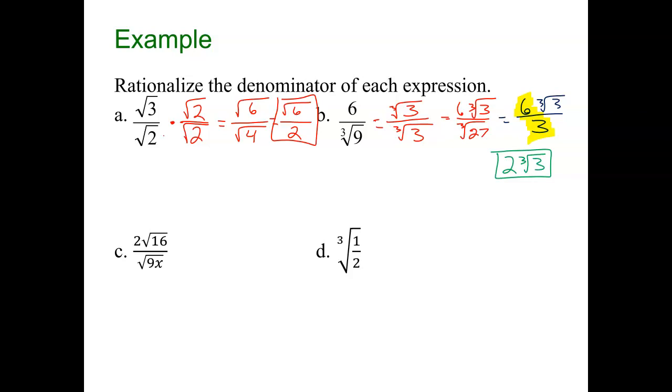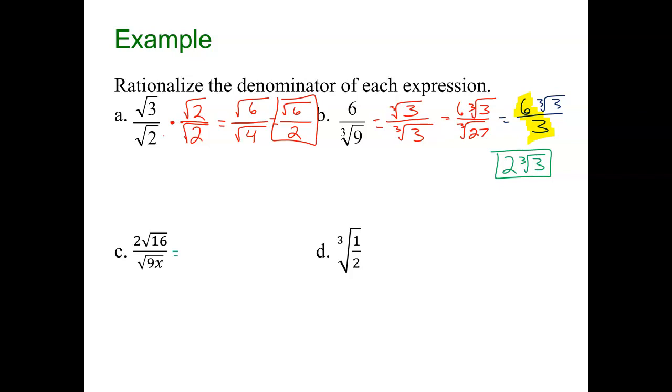Now, when we have some radicals, we may want to make sure that we can simplify first. That just makes the whole process of rationalizing easier. I can rationalize it in the form that it is now, but simplifying in the front is going to save you more simplification later. So, can I simplify the square root of 16?